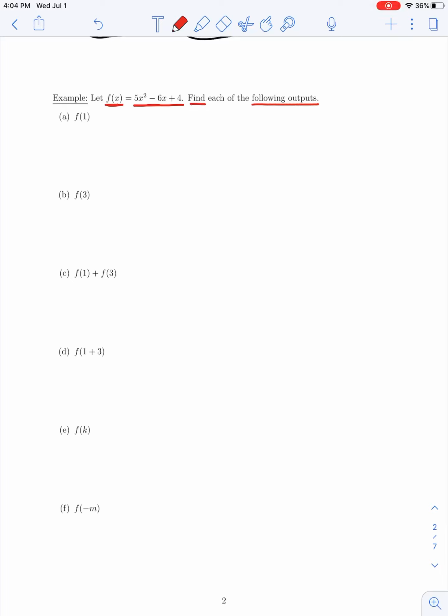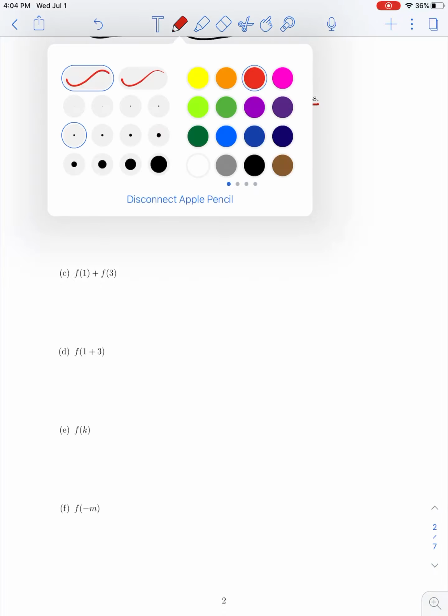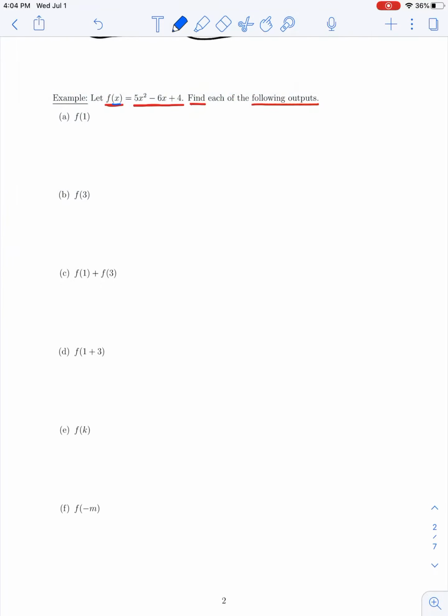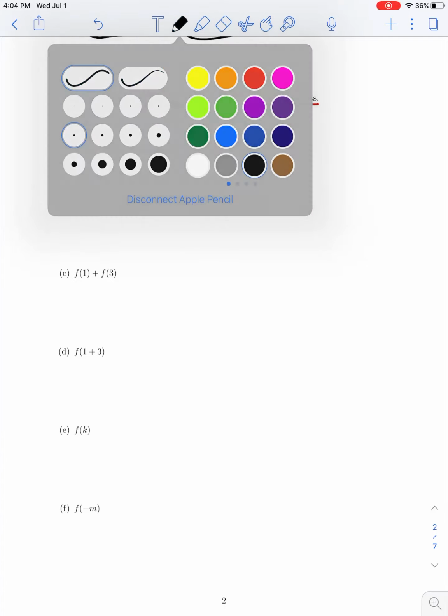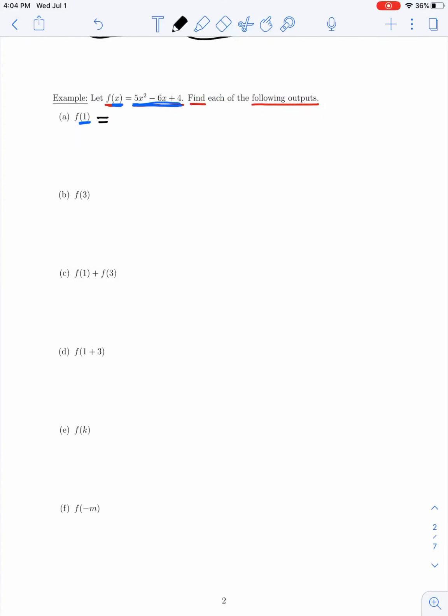So in part A, we're asked for the value of f of 1. So to find it, we take as our input value x the number 1, and we're going to replace x in the definition of our function with whatever value we were given, in this case, 1. So here, the value of our function will be 5 times 1 squared minus 6 times 1 plus 4.